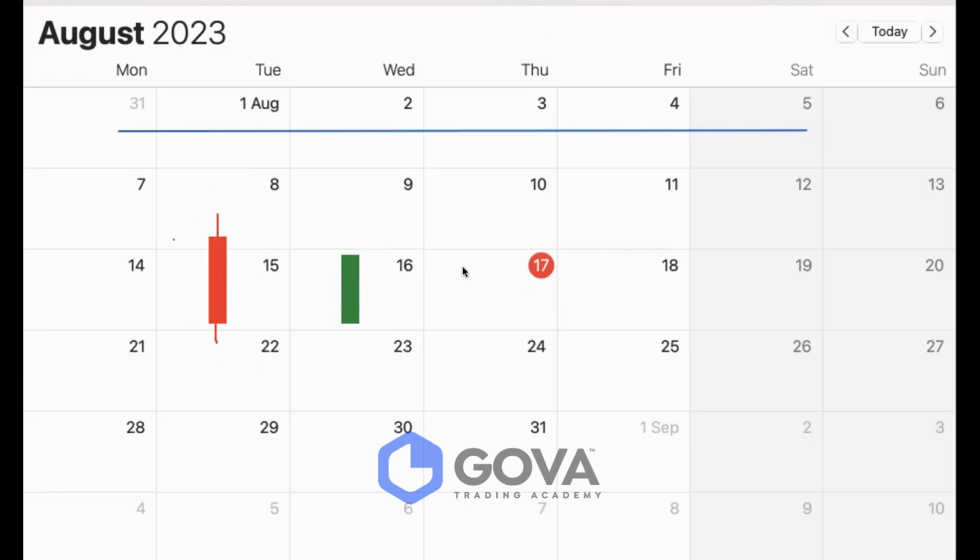And then you might suddenly see a bearish candlestick on Friday. So you can see the bearish candlestick we saw on Friday has invalidated that Tuesday's bearish.